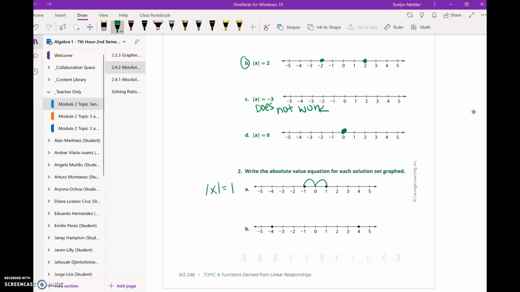So I'm looking at an absolute value of 1, because it's 1 away from 0. If I look down here, 1, 2, 3, 4, I'm 4 away from 0, either on the left or the right side. So I'm looking at the absolute value of x is 4. So something important to keep in mind, again, is that distance cannot be negative. And on top of that, I've got two answers in a lot of these.